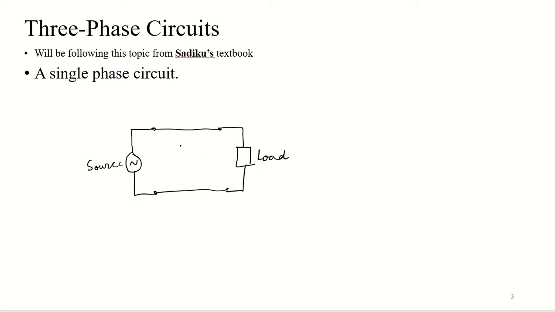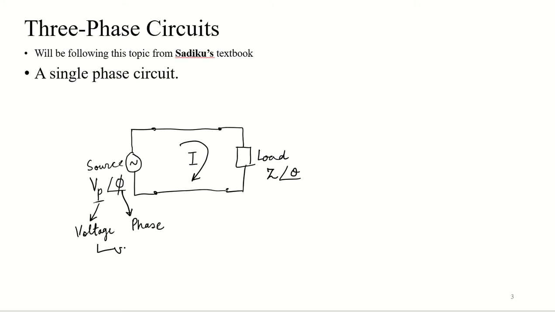This completes a circuit, and say for example current I is flowing, and this source has a voltage of V peak and a phase angle of phi, and this is load Z with an angle of theta. So this is the load voltage, and this is the phase angle. Remember, this is the phasor notation.